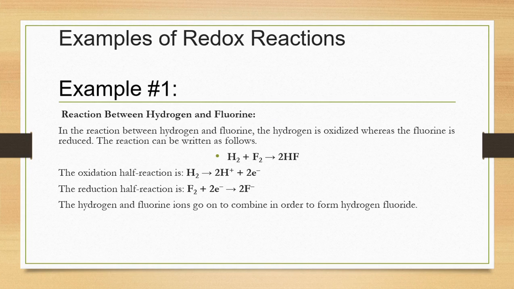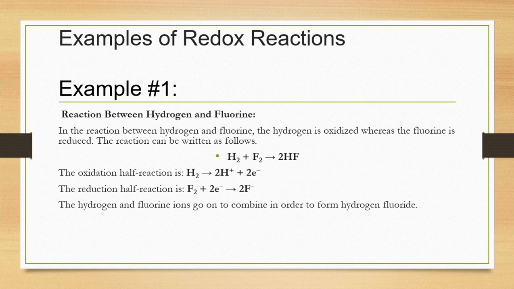Okay, next, examples of redox reactions. First example, reaction between hydrogen and fluorine. In the reaction between hydrogen and fluorine, the hydrogen is oxidized whereas the fluorine is reduced. The reaction can be written as follows: H2 plus F2 gives 2HF.